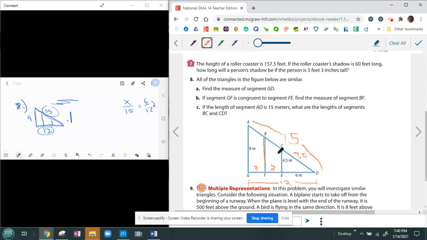We're going to find the whole thing here, and then we're going to subtract the 7.5. We found out that that's 7.5. So if we find the whole thing and minus that, we'll get this piece here, which is what we're looking for.